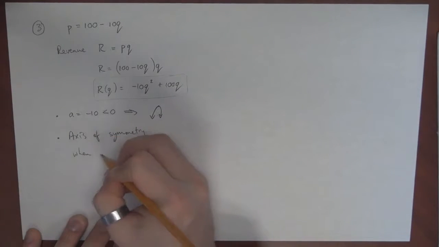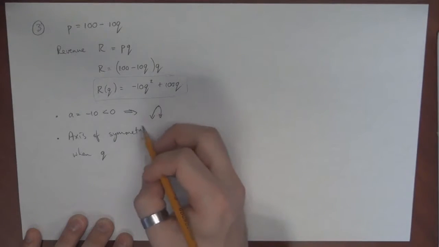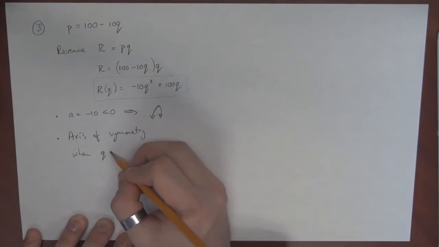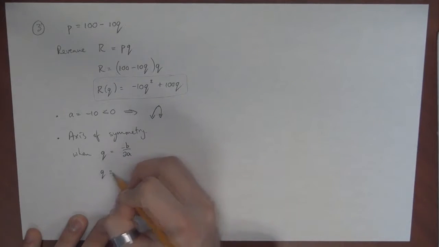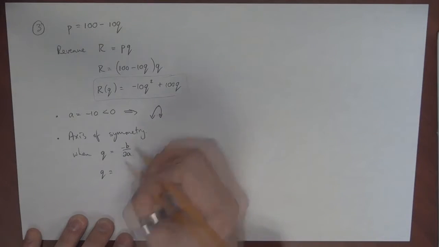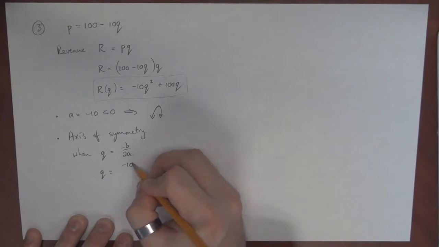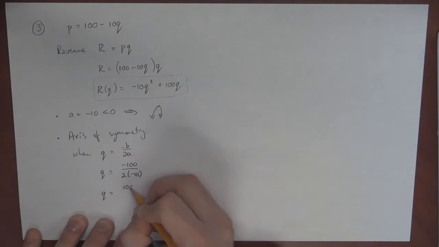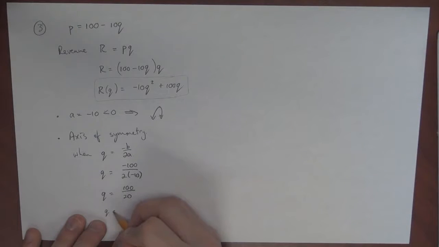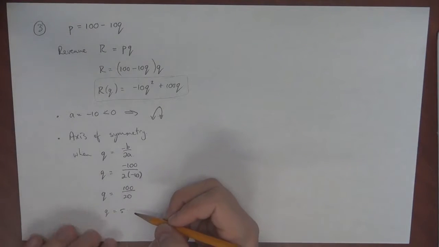That is when Q, now my variable instead of an X, is negative B over 2A. So what is B here? B is 100, and A is negative 10. So I get 100 over 20. So Q is equal to 5.